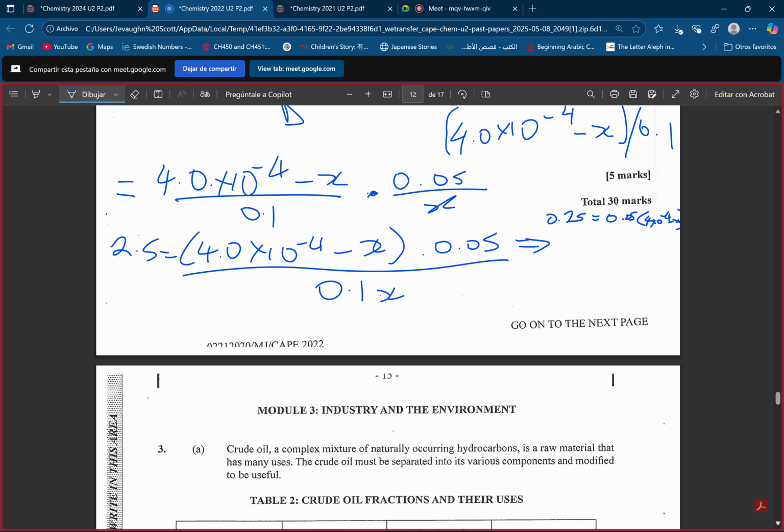And we should end up getting 0.25 is equal to 2.0 times 10 to the negative fifth power minus 0.05x.